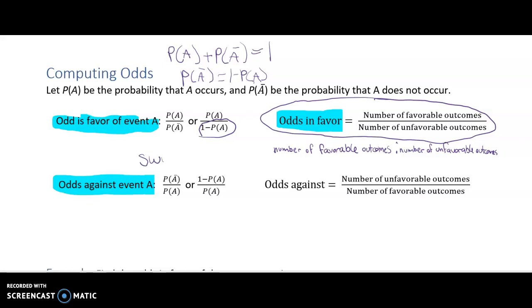We switch or flip the fractions from odds in favor in order to get odds against. On the right side, we see odds against in words, the number of unfavorable outcomes to the number of favorable outcomes. Once again, you can see that we've flipped the fraction over to get odds against.